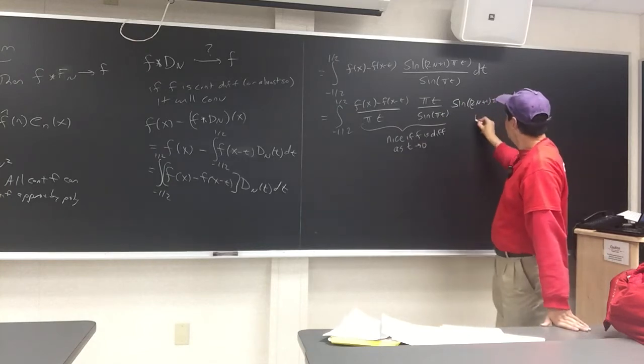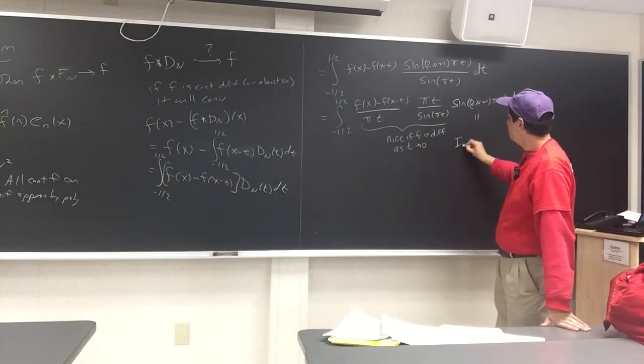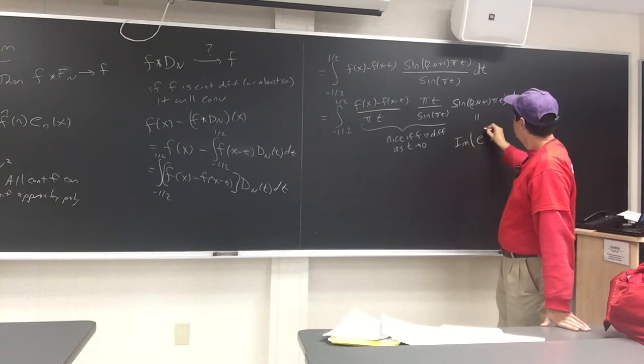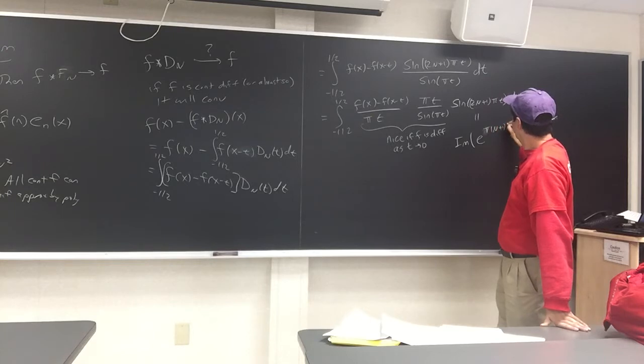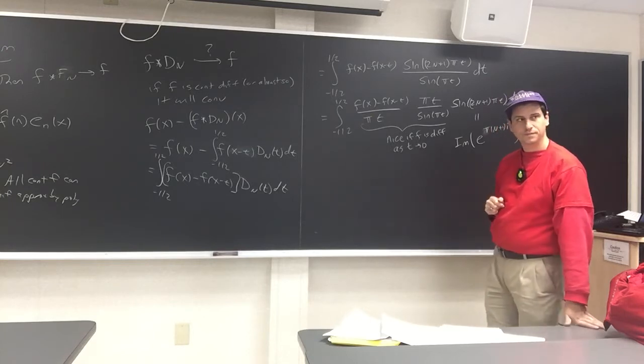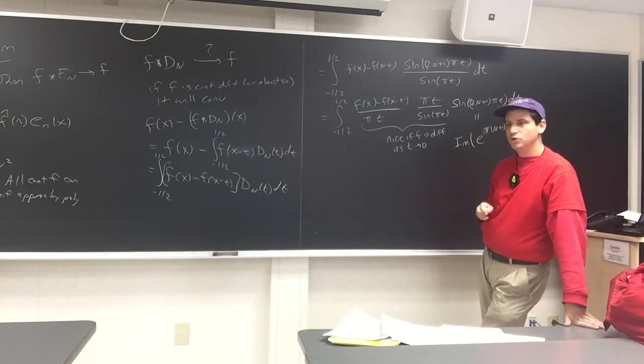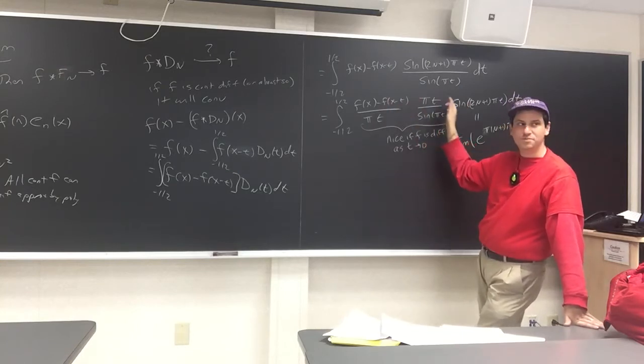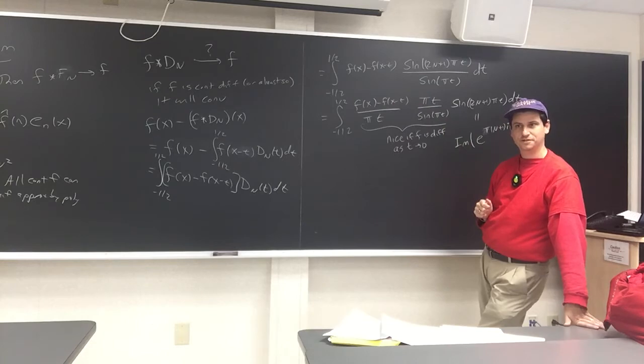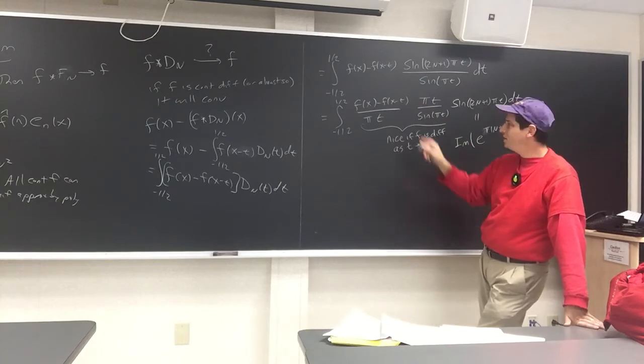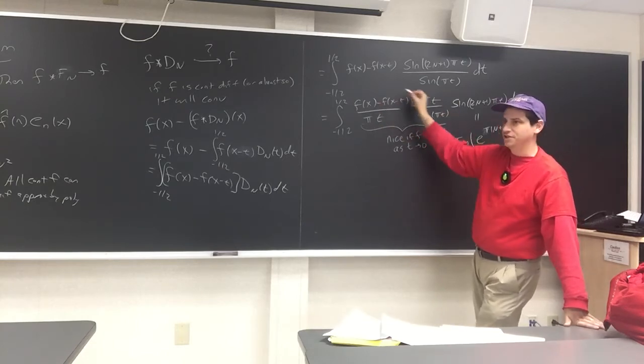And in fact, if you want, you can look at this as the imaginary part of e to the (2n plus 1) pi i t. So what this really is, is the imaginary part of a Fourier coefficient of this function.